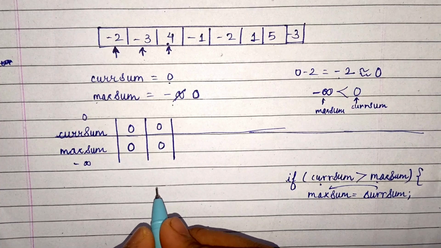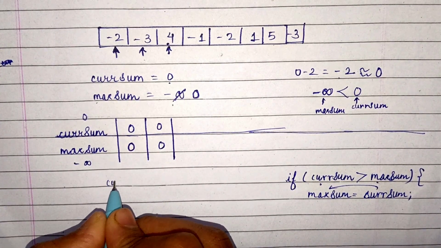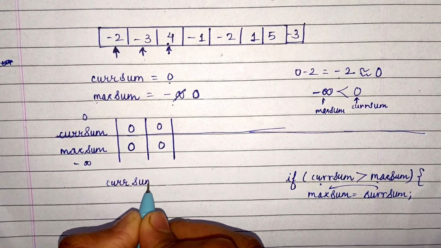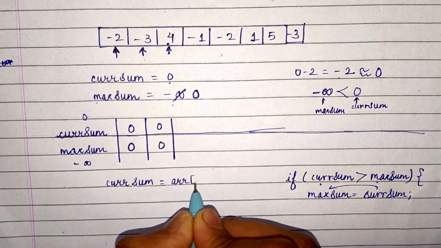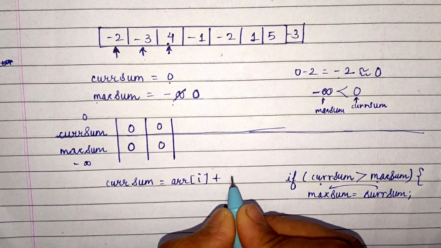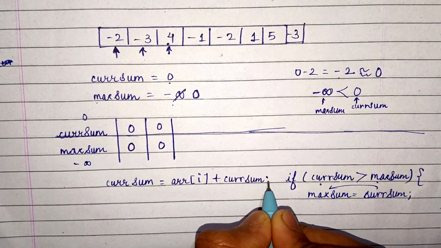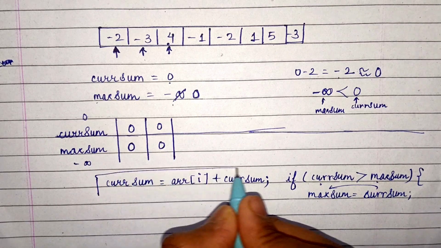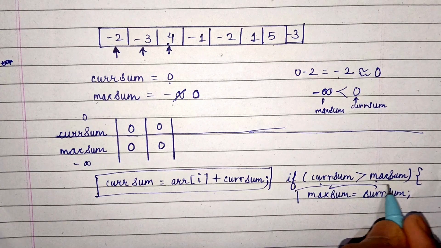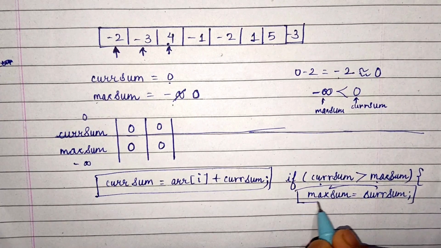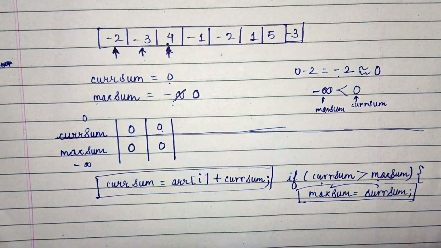So we calculate the current sum as current sum equal to array of I plus the current sum. This way we can calculate the current sum and our maximum sum. Now the compiler will go to the next element.